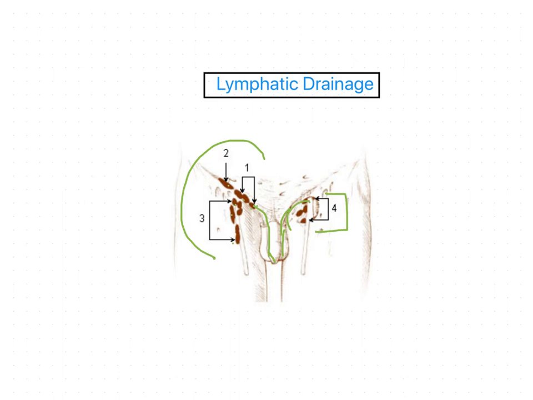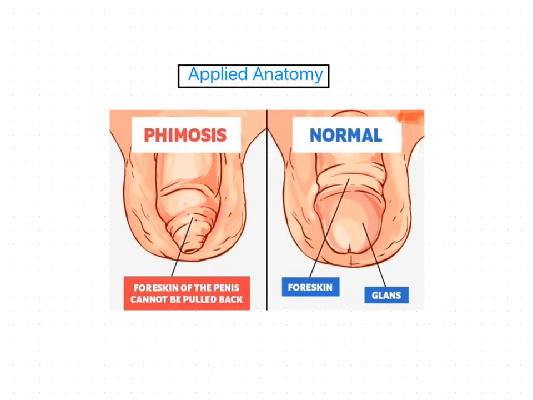Okay, some pass through femoral and inguinal canal to reach the external iliac nodes. Okay, this is about the lymphatic drainage of the penis. Now we will see the applied anatomy of this penis.